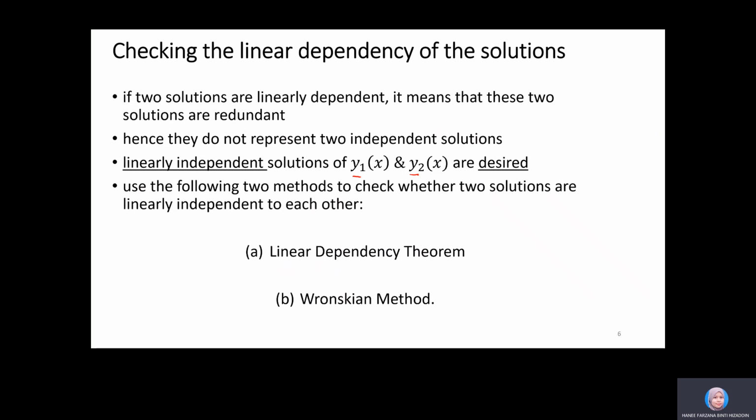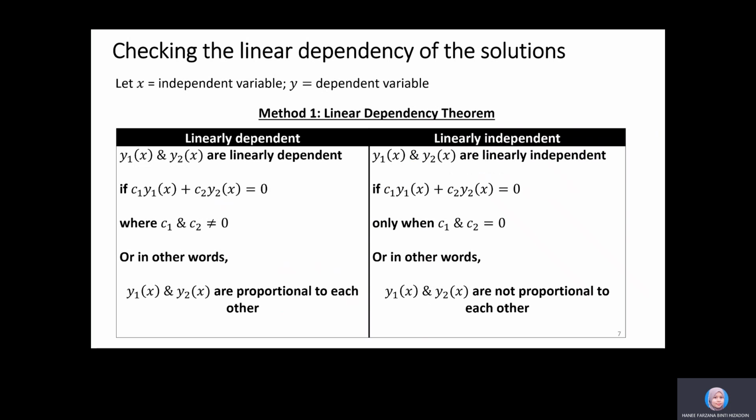Okay, so we can use the following methods to check whether the two solutions are linearly independent of each other. The first method is the linear dependency theorem, and the second one is the Wronskian method. So let's go through the first one, the linear dependency theorem. In this theorem, you can check if y1 and y2 are linearly dependent or not just by looking. If c1y1 plus c2y2 can be equal to 0 when c1 and c2 are not 0, in other words, y1 and y2 are proportional to each other.